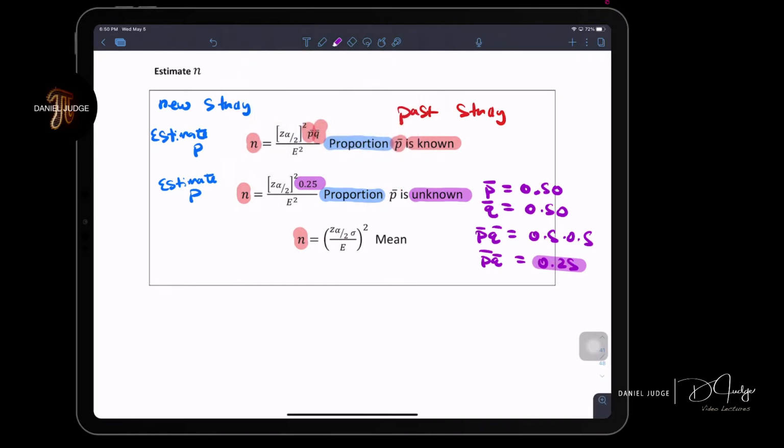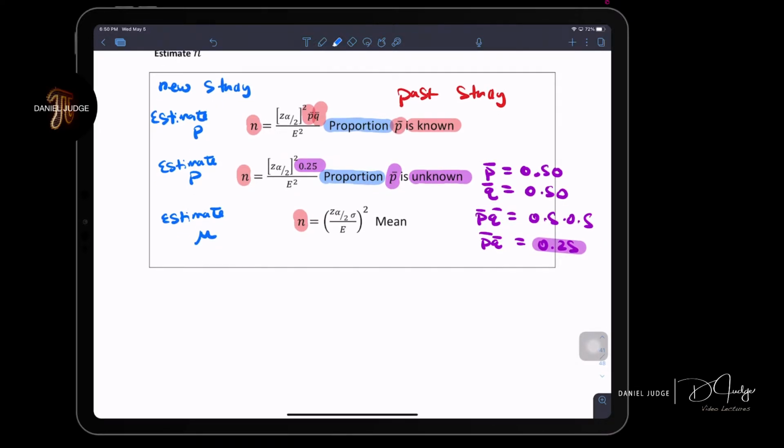And there you go. If you're going to do a new study about estimating a mean, mu, this is the formula that you're going to use. Every one of these settings involves a confidence level, which means it involves that z alpha over 2 value for two tails, because this is estimation.